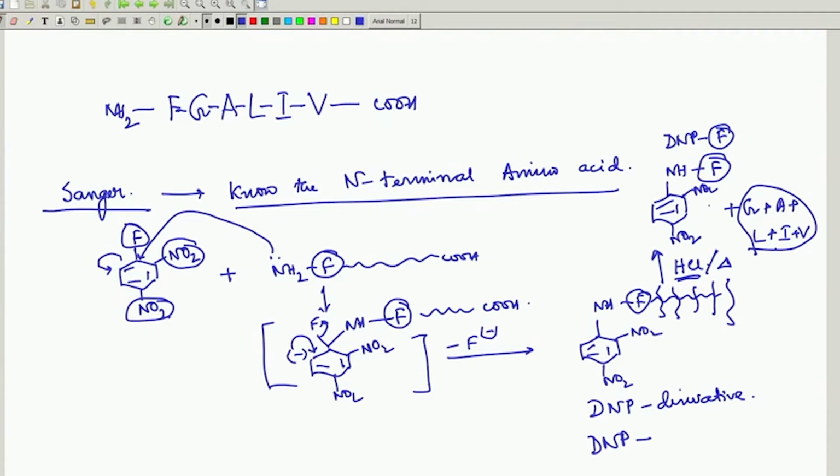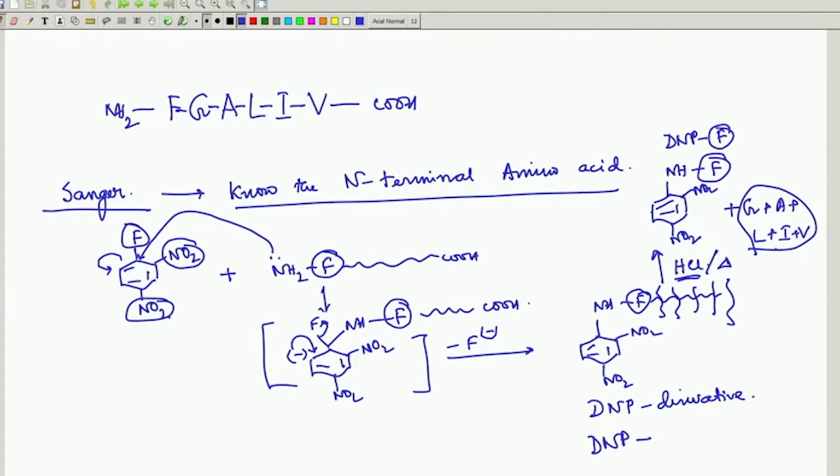So, you can have a UV detector and you can immediately know, for the dinitrophenyl derivatives of all the 20 amino acids, what is their retention time in the column, and then from there you can match which is matching. If you see that it is matching with phenylalanine, then you know that the first amino acid is phenylalanine. So, this is Sanger's method of knowing the N-terminus amino acid.